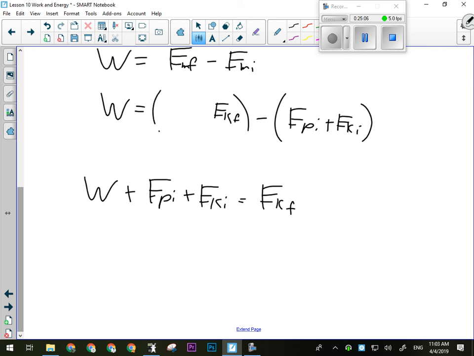The work is against friction, so this number is going to be negative, but I'm going to calculate that in a minute. So I'm going to have force times distance plus m g h initial plus 1/2 m v initial squared equals 1/2 m v final squared.